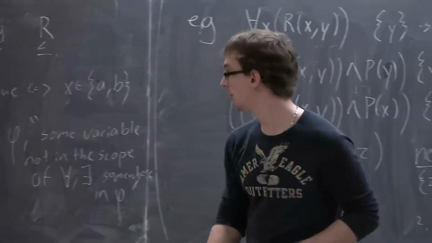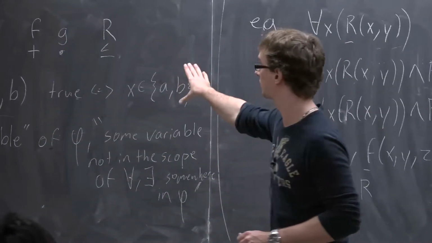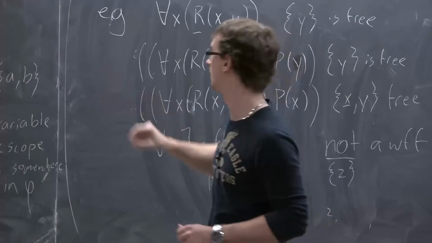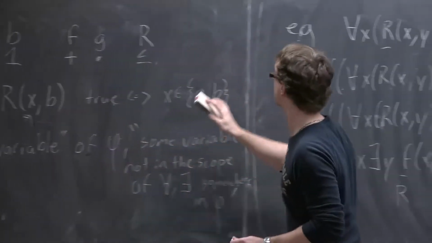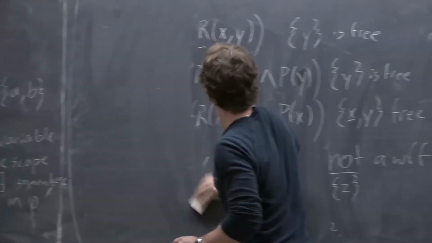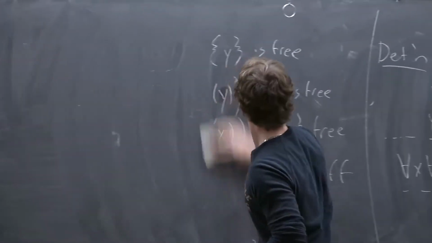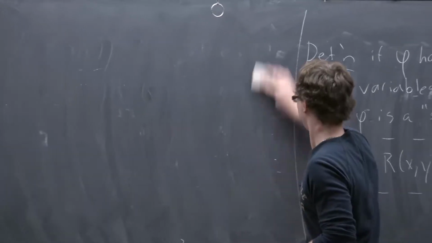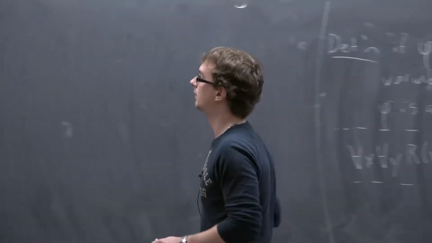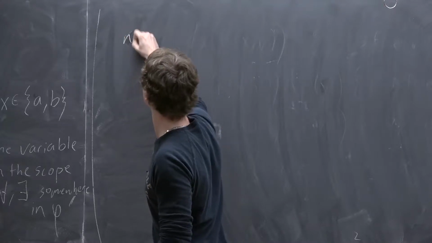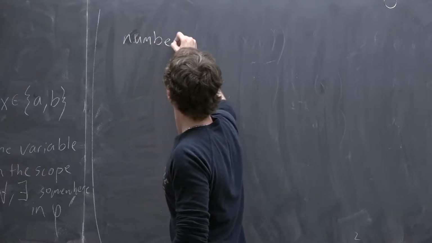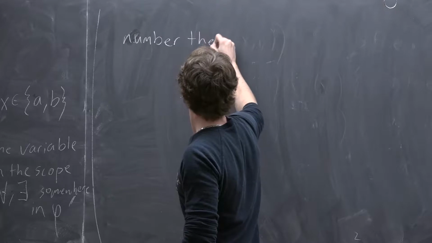So if we go back to our example of the language of number theory, we can now be a bit more rigorous about this language. So just as an example, we're talking about the number theory language.